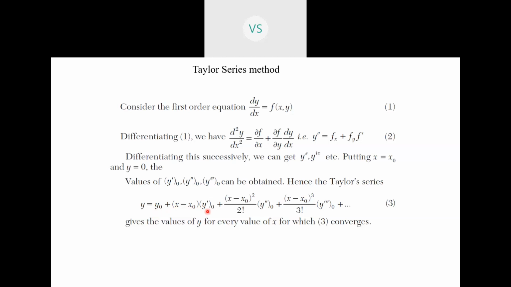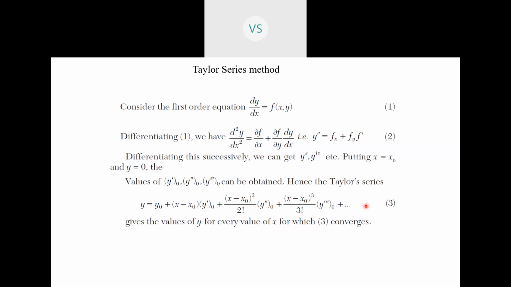Then plus (x minus x0) square upon 2 factorial into y double dash, plus (x minus x0) cube upon 3 factorial into y triple dash.